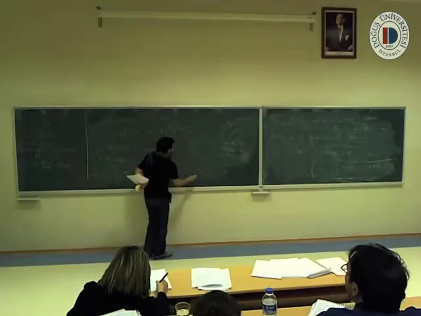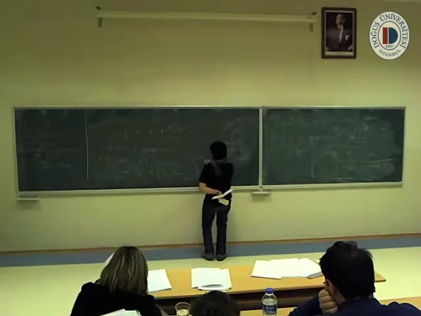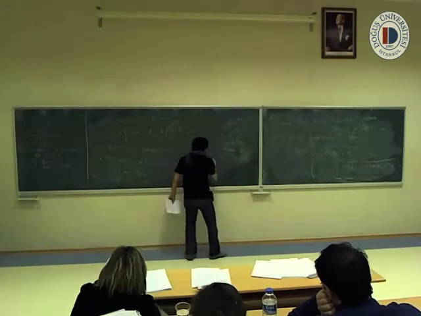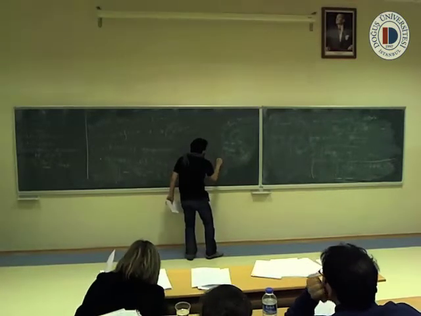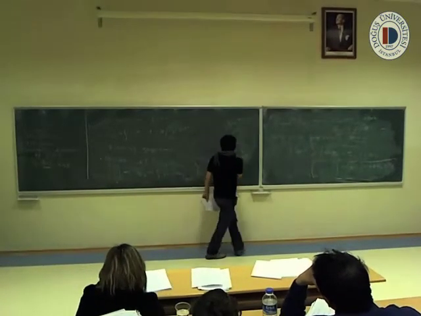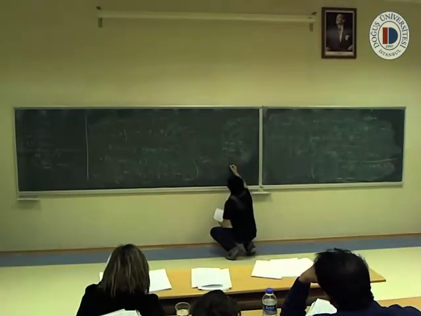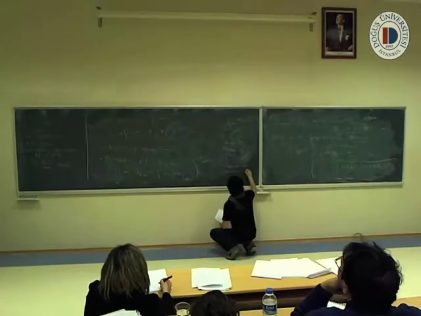Where now these F's, this F_mu nu, are given by, let's say, B^i T_i, where T_i are the generators of the non-abelian gauge algebra.